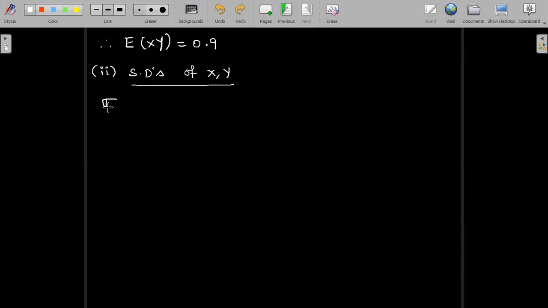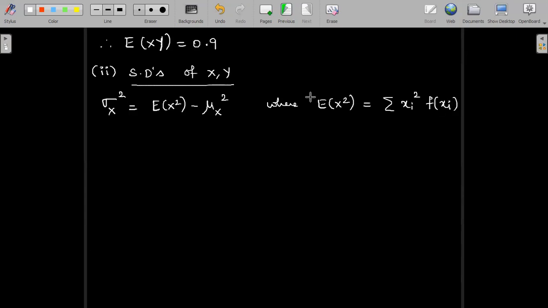Sigma x square is equal to E of x square minus mu x square, where E of x square is given by summation xi square f of xi. So this is the expectation of x square.